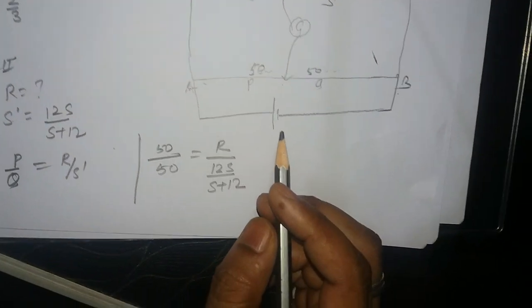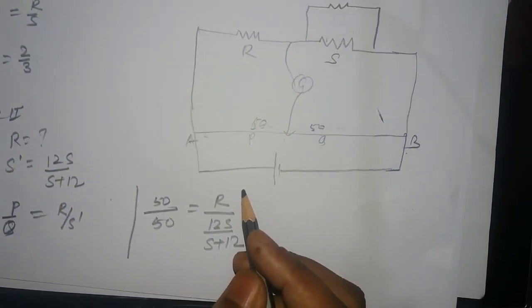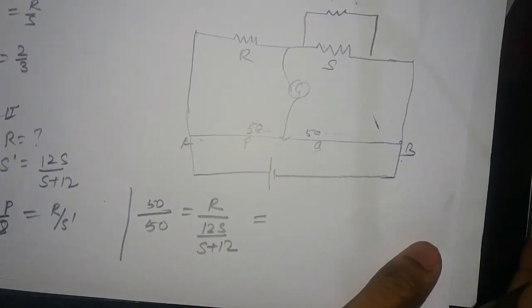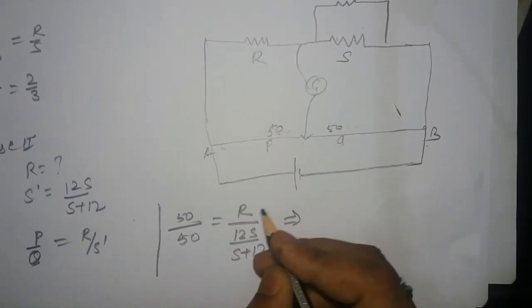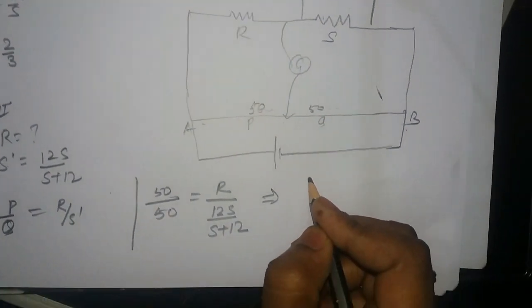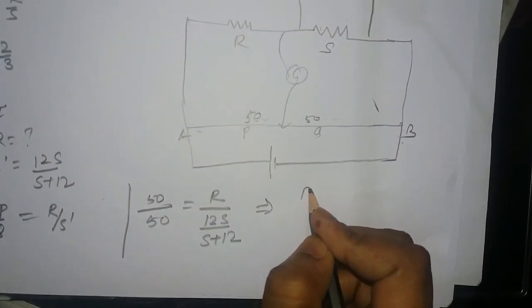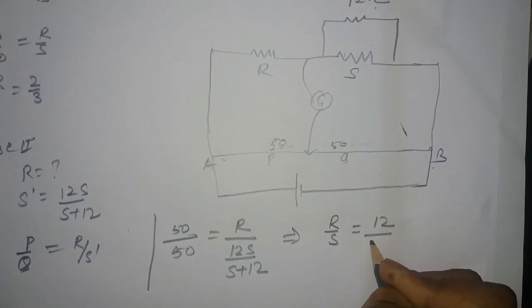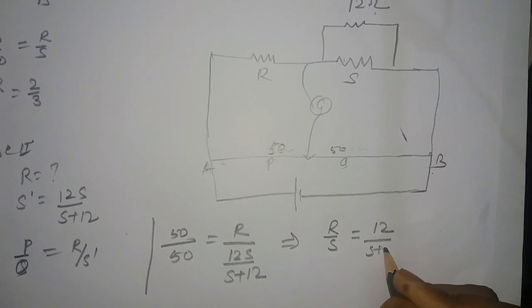Now in the second case, what we will get from here, we will get R by S equal to 12 upon S plus 12.